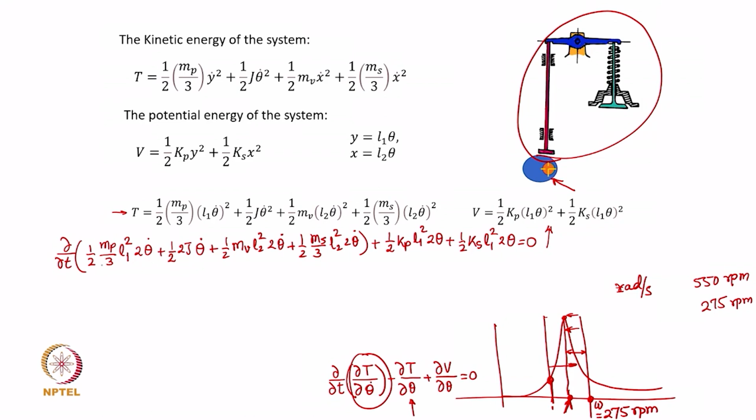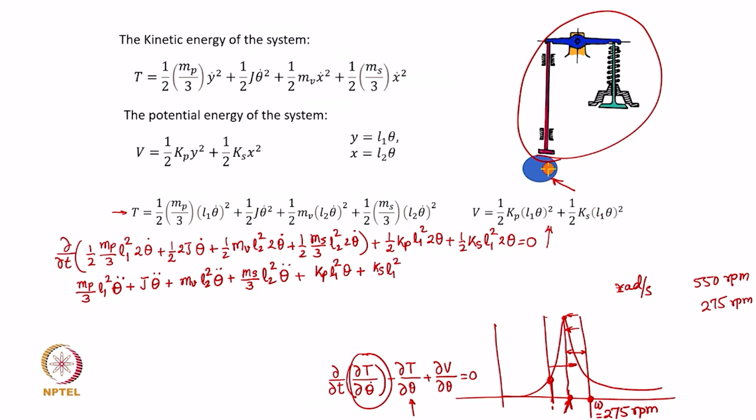And now, if I take the time derivative of this expression, then I get mp by 3 L1 square, plus θ̇ will change to θ double dot, plus J θ double dot, plus mv L2 square θ double dot plus ms over 3 L2 square θ double dot plus kp L1 square θ plus ks L1 square.